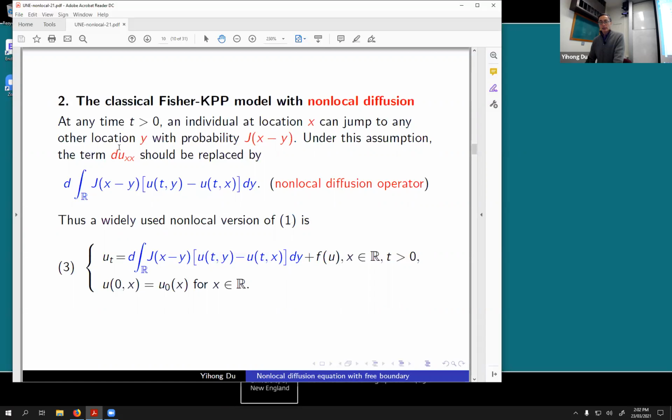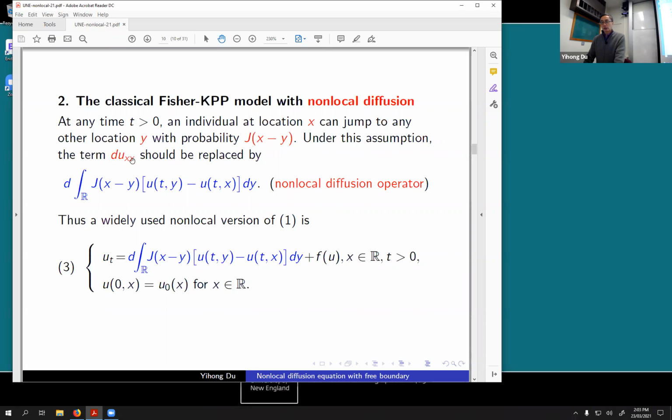Now, what does that mean? We use the local diffusion term all the time, but usually to deduce this term, we use a discretization process: discretize time into steps and space into small blocks or intervals, in one space dimension.